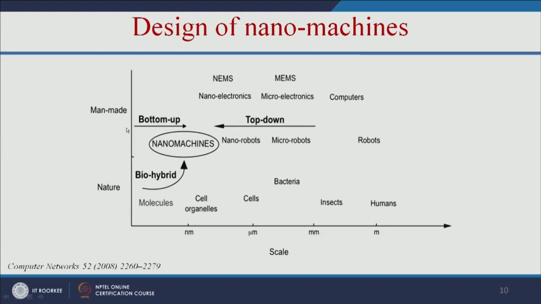There are again two approaches, bottom up and top down. Man made nanomachines are top down. We started with robots and we are trying to make nano robots, but nature started with the bottom up approach. It assembles DNA and protein and makes the nanoscale machines.